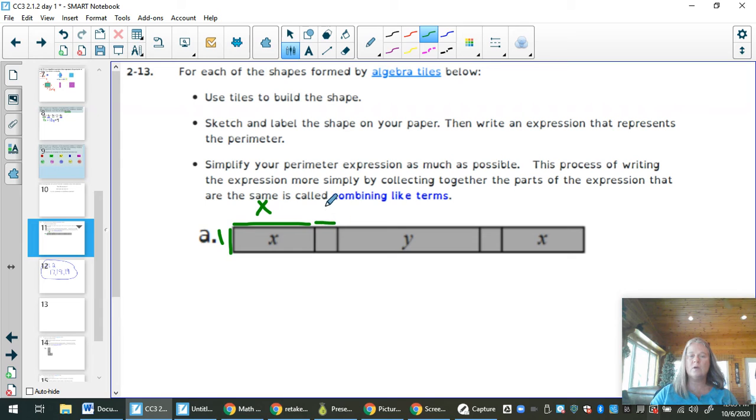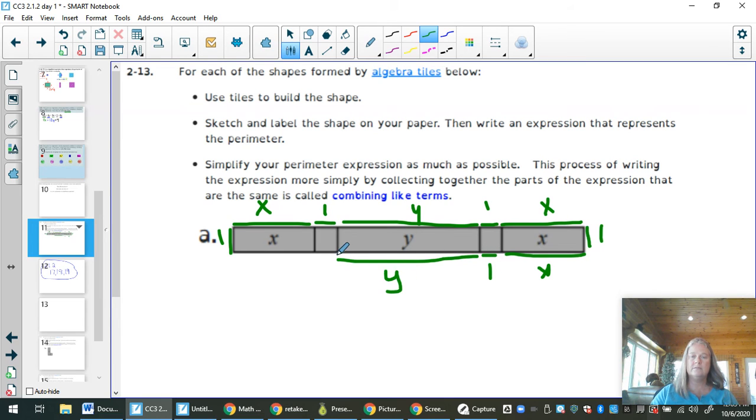Next one I have is a 1 length. Then a y length. And a 1. And another x. And a 1. x. 1. y. 1. And x.